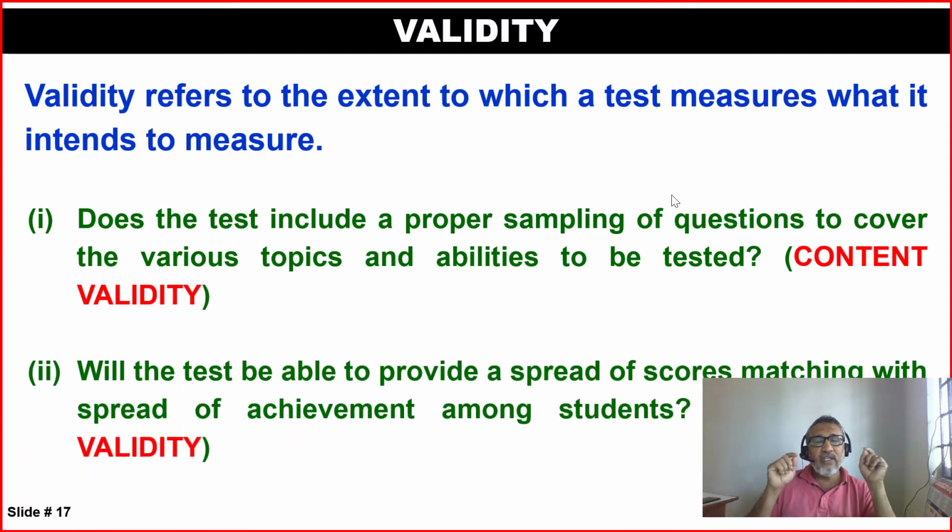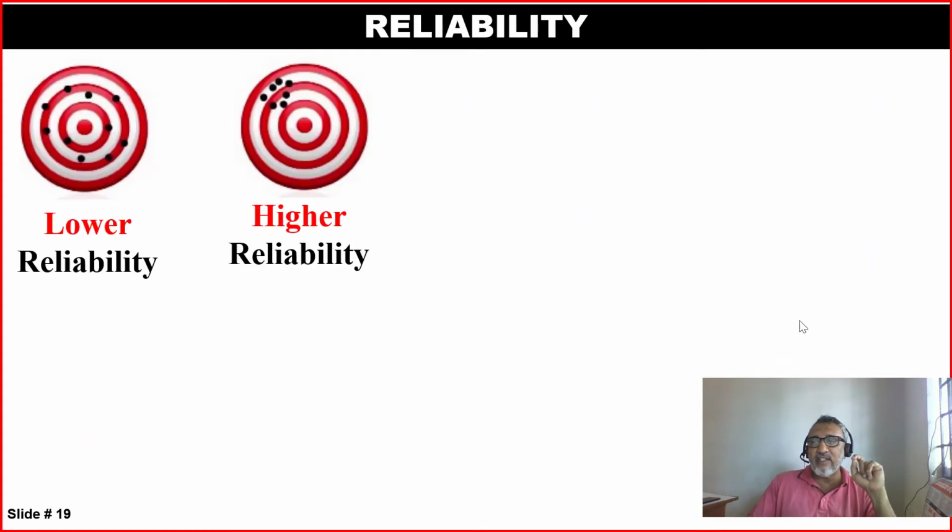And second, we have different abilities to be tested, right from remembering to creating as per Bloom's taxonomy. So different abilities, different constructs are to be measured, and how representatively the test measures the content, the construct or the mental abilities of the student with respect to the content, is what is known as construct validity. Validity should involve both content validity as well as construct validity.